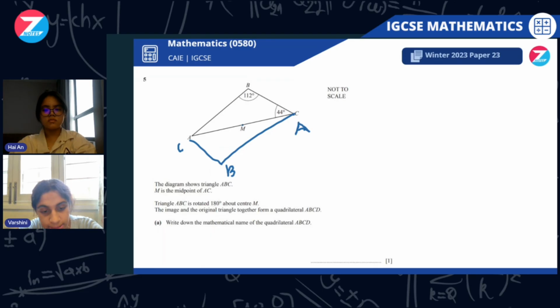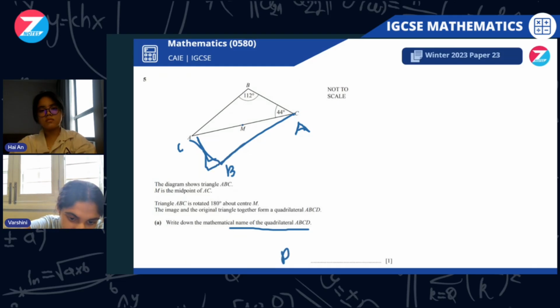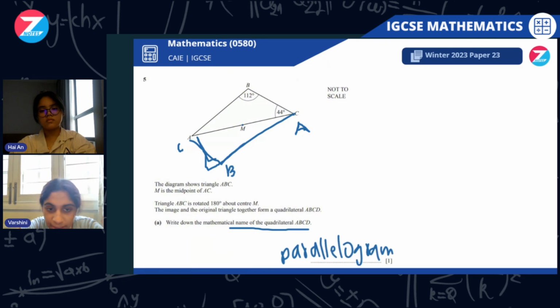So now, what's the mathematical name of the quadrilateral we just made? We can clearly see that it looks like a parallelogram. My diagram isn't very accurate, but if you do draw it, you should get something that looks more like a parallelogram. So our answer is parallelogram. And how do we know it's not a rectangle?